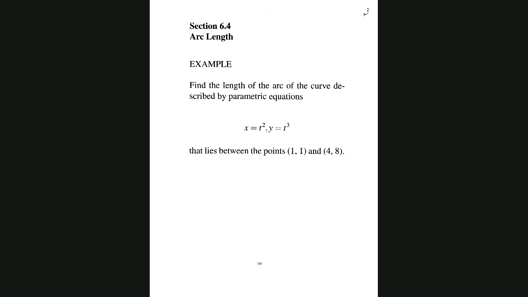Okay, so here we want to find the length of the arc described by these two parametric equations. The arc lies between the points 1, 1 and 4, 8. At 1, 1, what's the value of t?